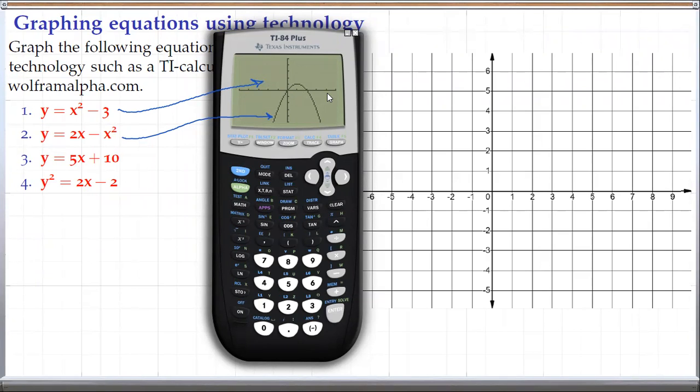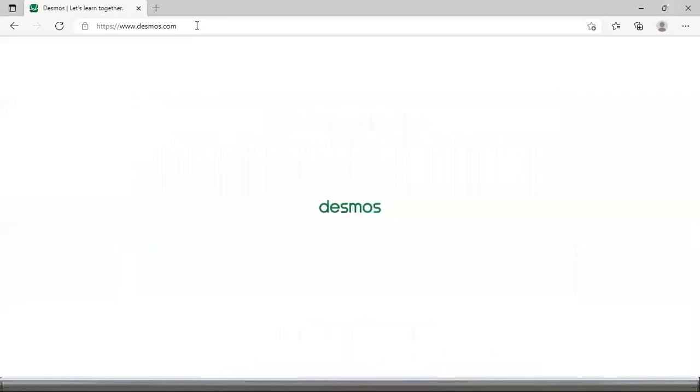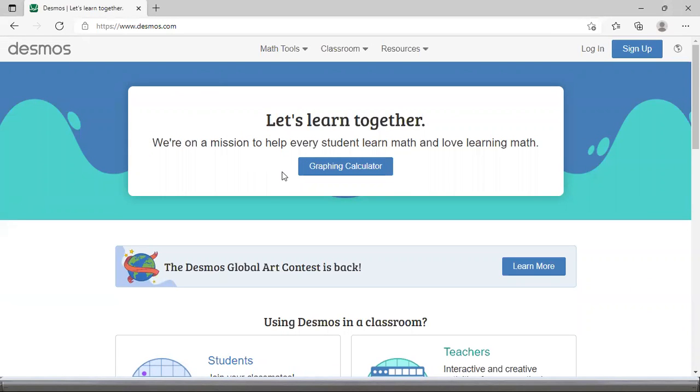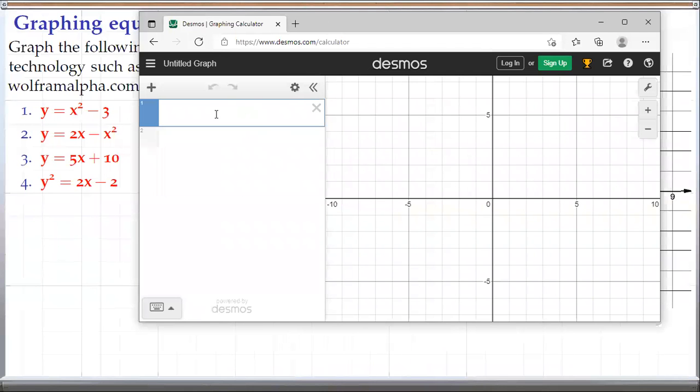Now let me show you how to graph this in Desmos. In any browser, go to desmos.com. You just need to type in desmos.com over here and hit enter. It will take you to this screen, and then click on graphing calculator. Now all we need to do is enter the equation. So let's go back and see what equations we had.